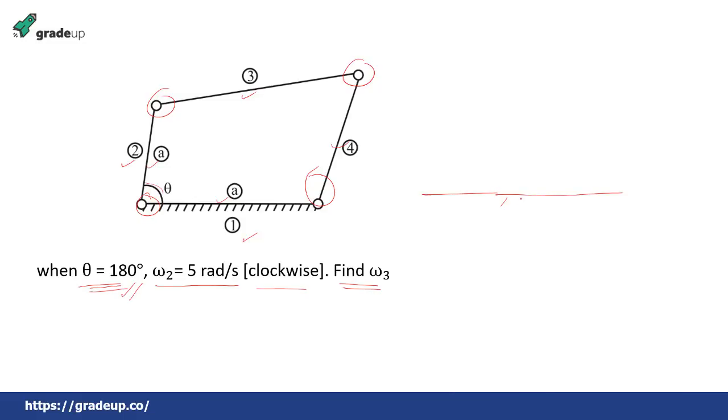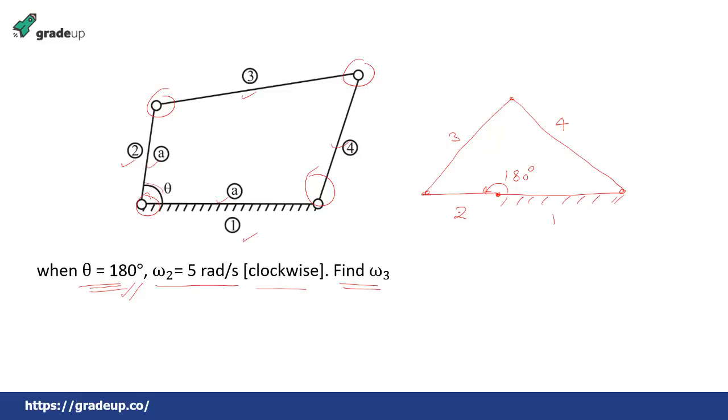This is how it will look. This is link 1, this will be link 2 when theta becomes 180 degrees, then this will be link 3 and this will be link 4.